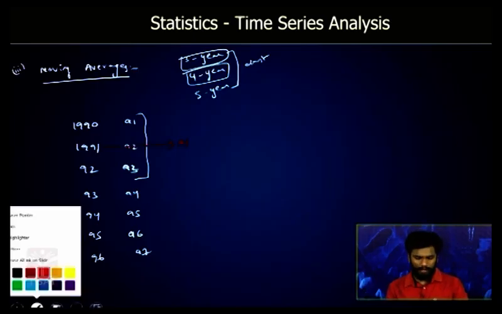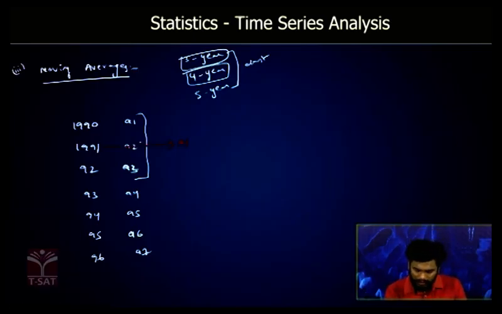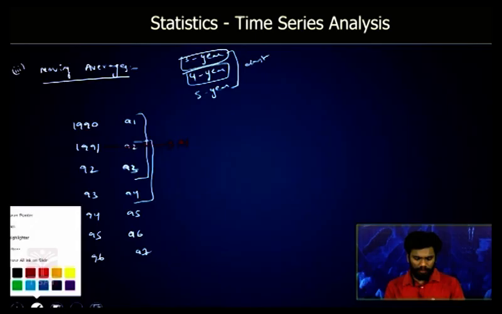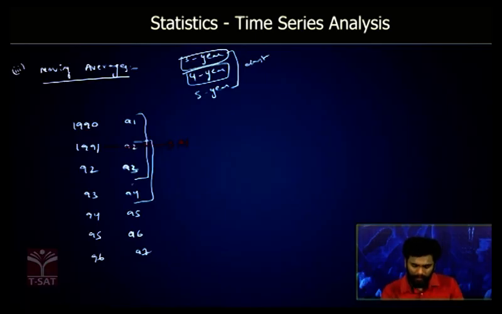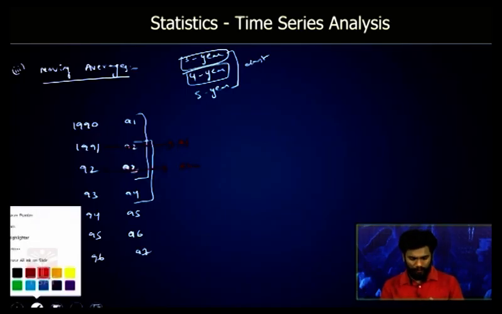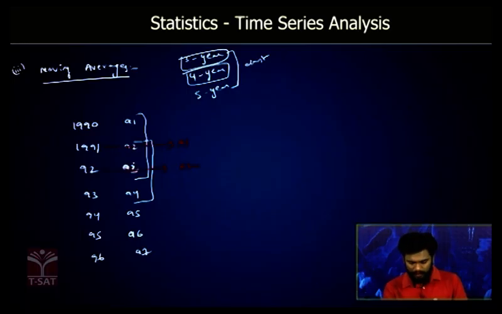Now I will find the average of the next 3, that is A2, A3, and A4, and assign it to the middle year, 92. Again I will find the average of the next 3 numbers, A3, A4, and A5, and assign it to the middle year, 93.